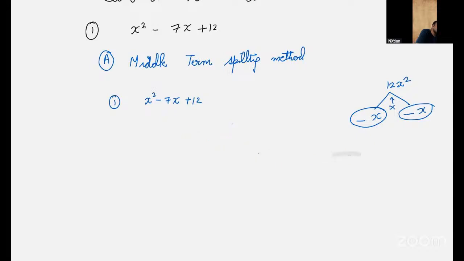So, Reena, do you have any number in your mind that when you multiply it, you will get 12, but when you add it, you will get -7? Any number? Think. Unmute your mic, I'll let you.